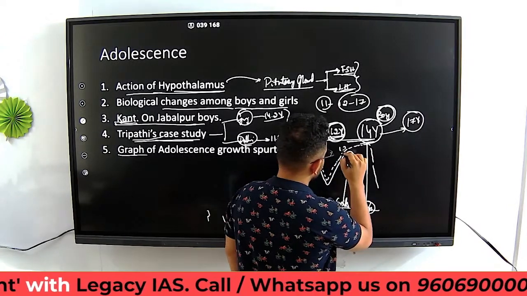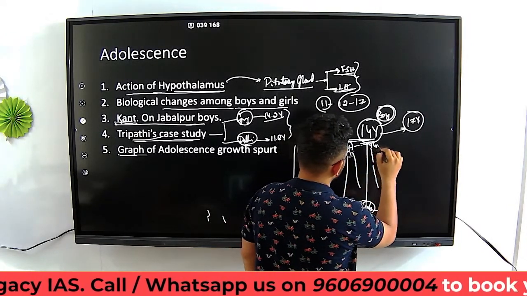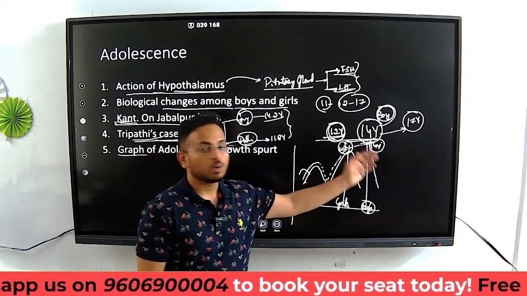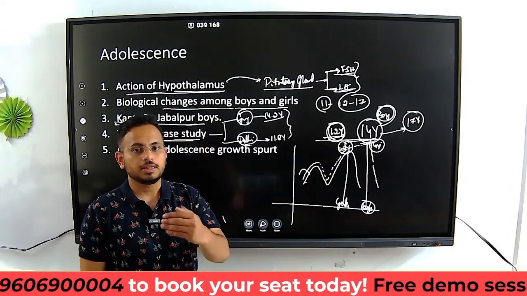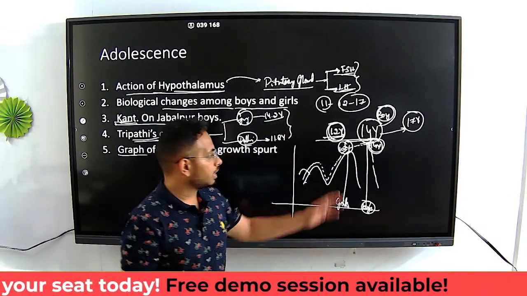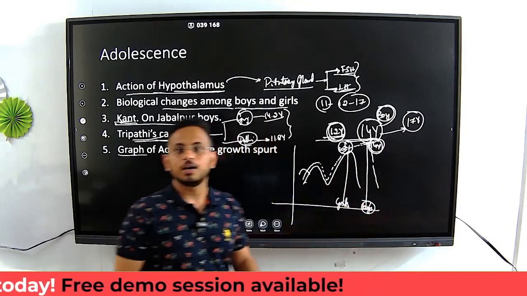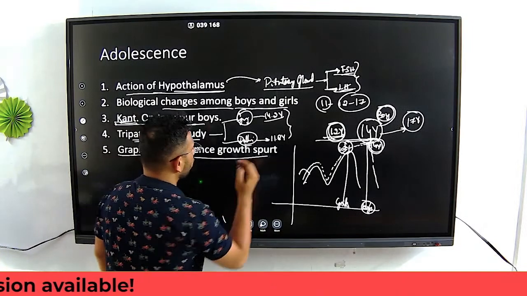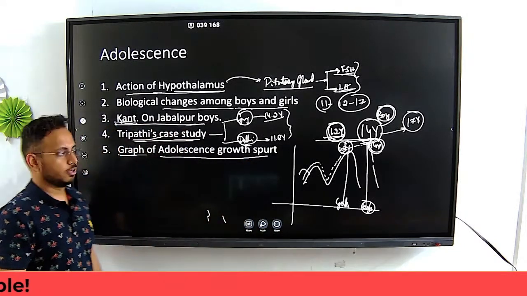You can see this is 12 years, this is 14 years. Though the time taken by the boys to reach puberty is more, 14 years, after this the pace of the growth is actually more. That's what is meant by adolescent growth spurt.